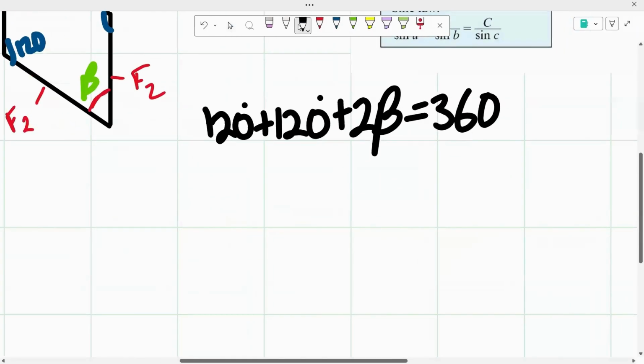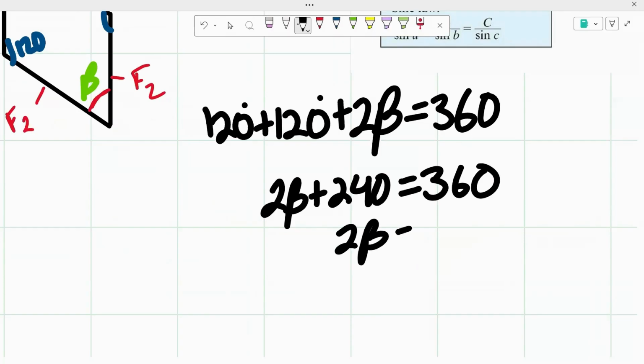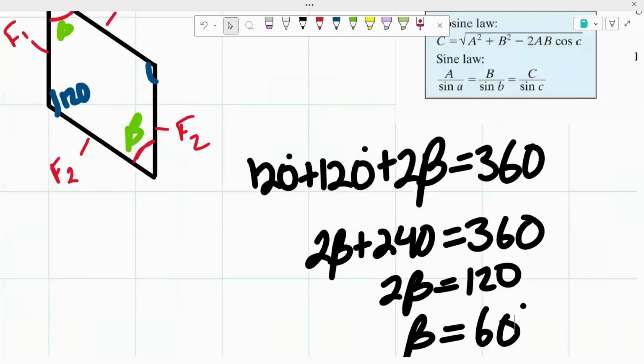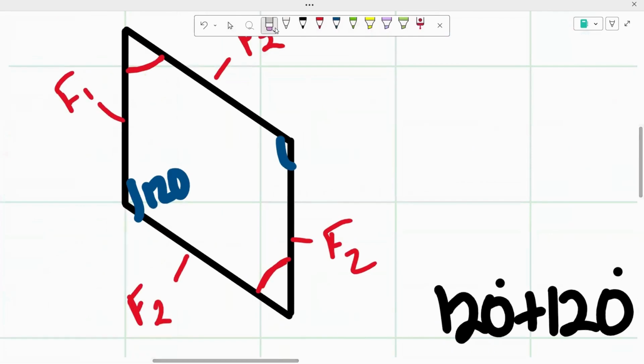Solving, we get 2 beta plus 240 equals 360. 2 beta is equal to 120, giving us that beta is equal to 60 degrees. So we know that these two angles are each 60 degrees.